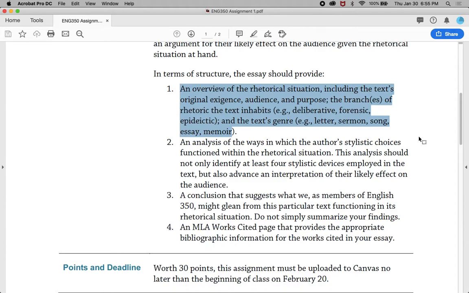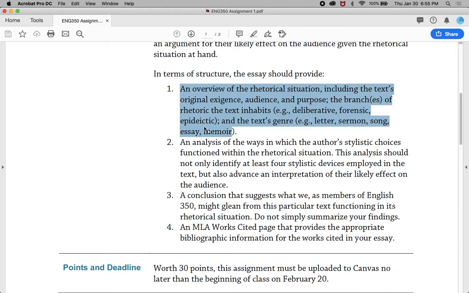And so you'll need to discuss the rhetorical situation that created the prompt for this text to be uttered or written. And that's what I'd like to focus on today: a recap of parts of Toye's rhetoric that I think are very important, especially those pieces that will help you work toward this first assignment.